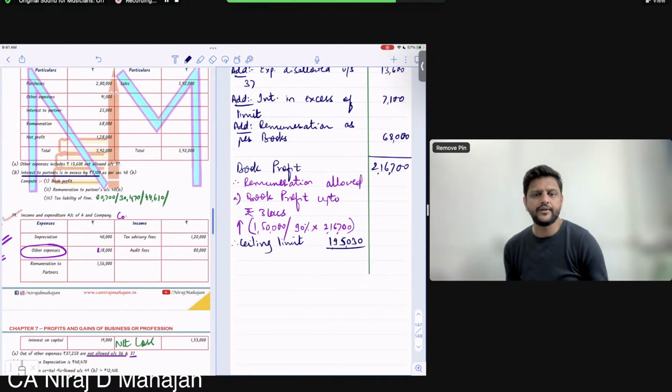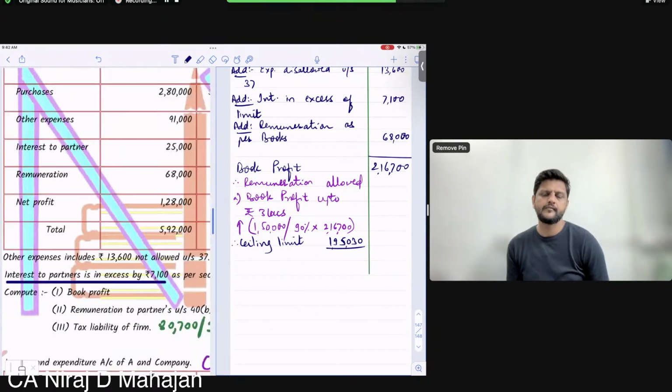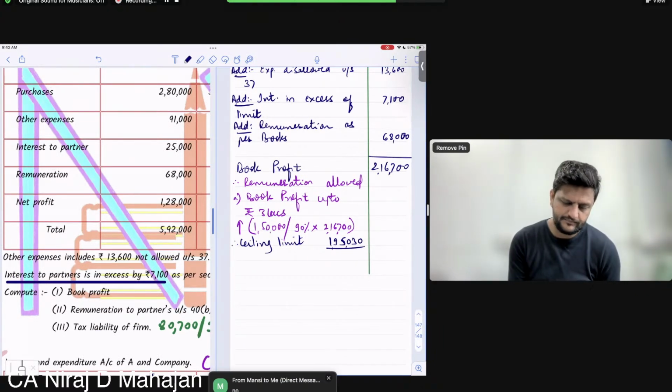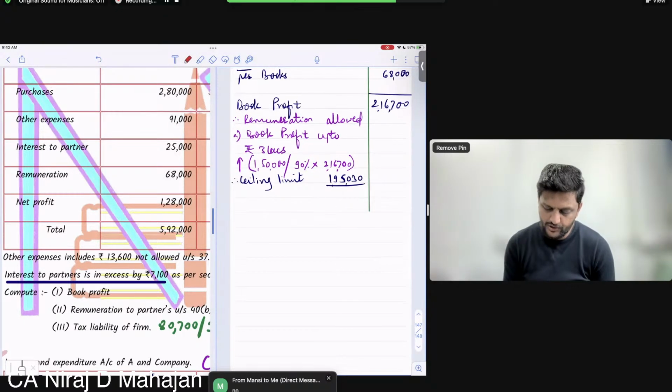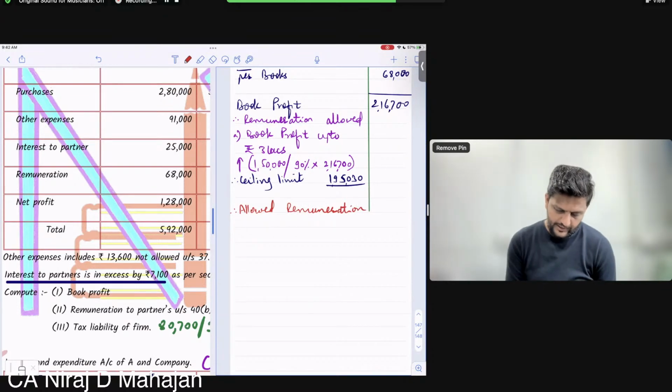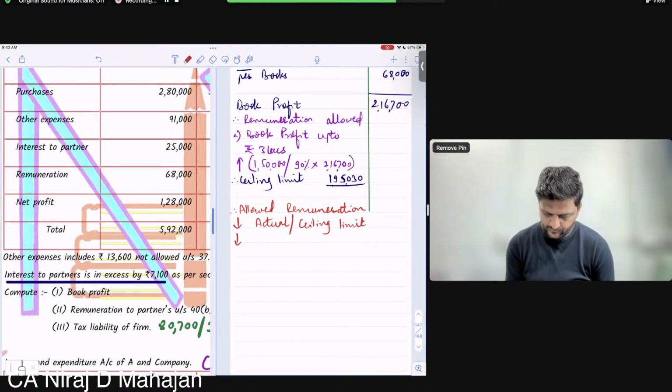Will I allow 195.30? One 195.30 बच्चों is a ceiling limit. It is the ceiling limit. So बच्चों allowed, therefore allowed remuneration is how much? Is lower of actual remuneration, है ना? Or ceiling limit. है कि नहीं? So lower. Actual is almost 68,000. Ceiling is 195.30.